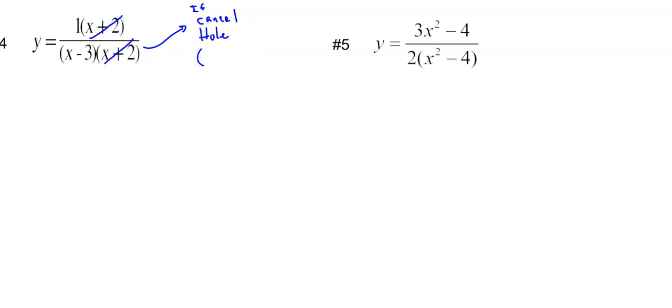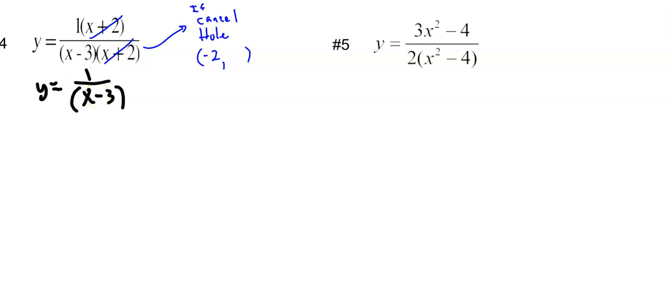A hole is like an ordered pair. In this case, you can tell that the x value of the ordered pair is -2. My new function would be y equals 1 over x minus 3. That's my new function after I cancel it out.